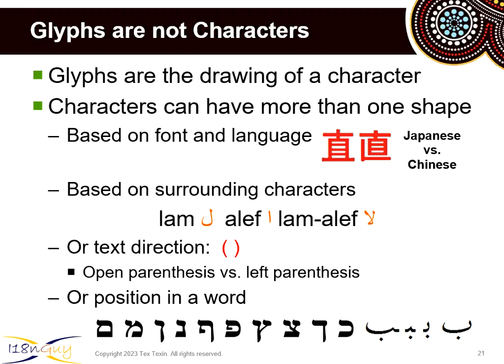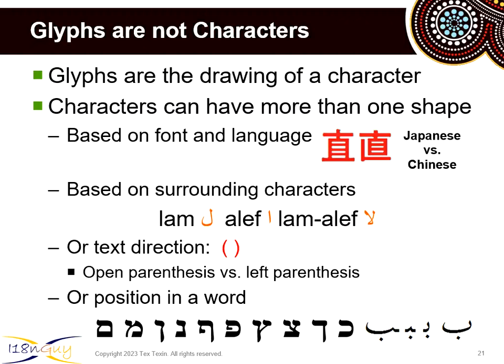Some characters may depend on the direction of writing. We have a property in Unicode which is called mirroring. And from a keyboard design perspective, we might need to think about this. So if I'm typing in a left to right direction and I want to open a parentheses, right?